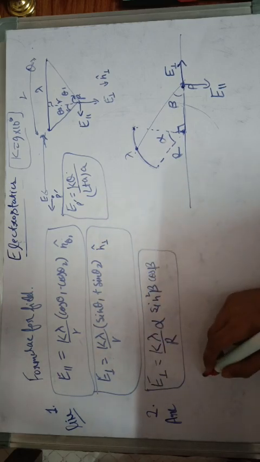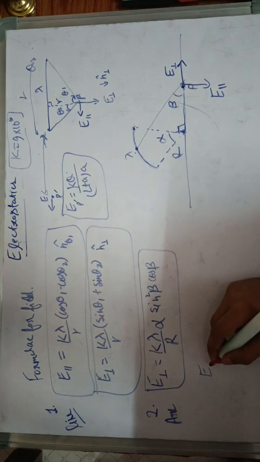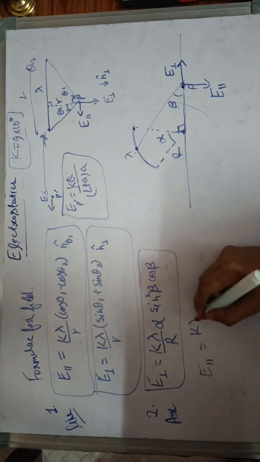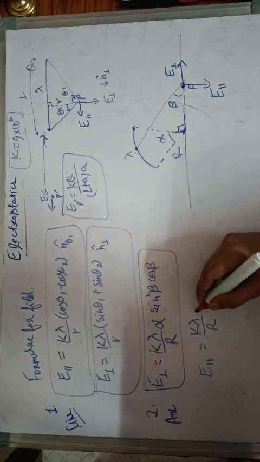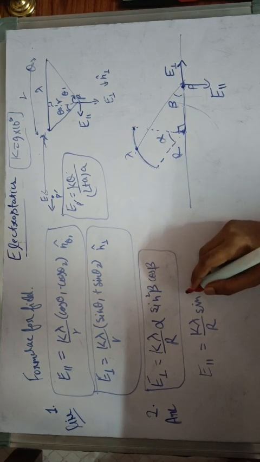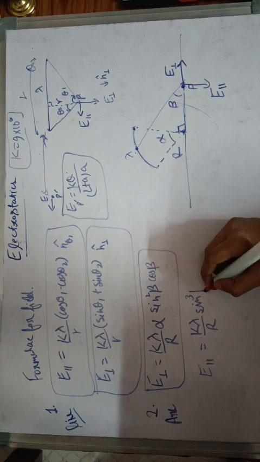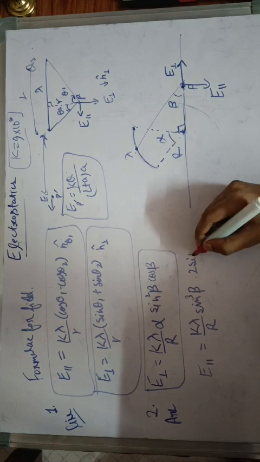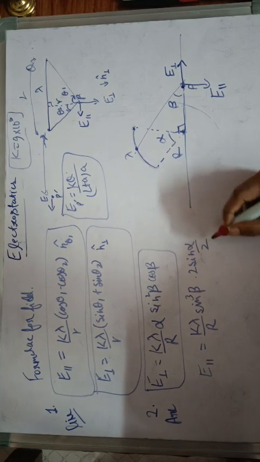This is the formula for E perpendicular, and this is E parallel, which is equal to k lambda upon r times sine cube beta times 2 times sine alpha by 2.